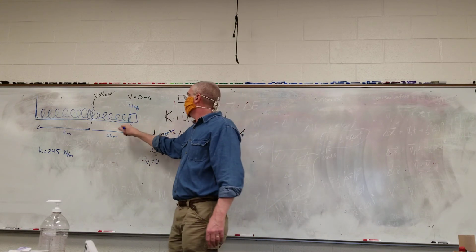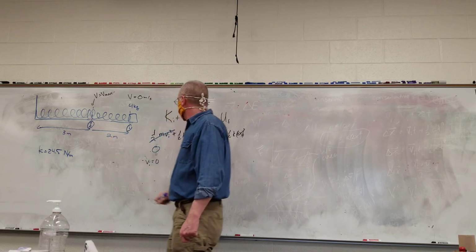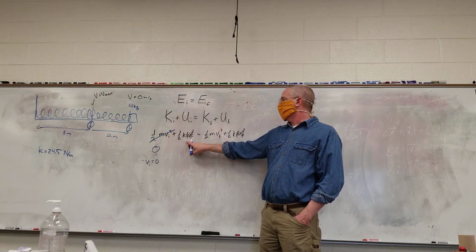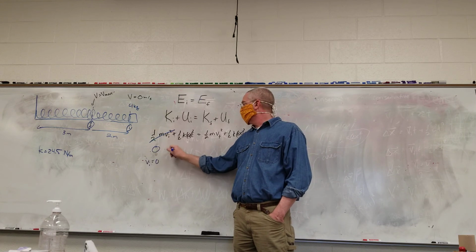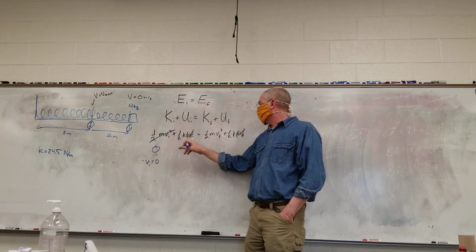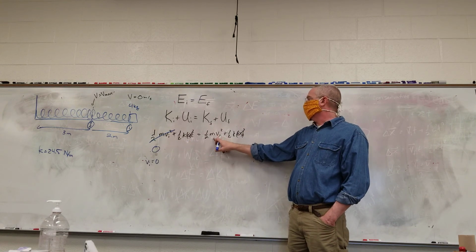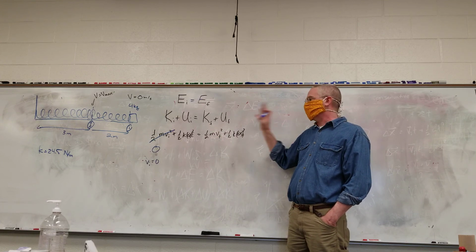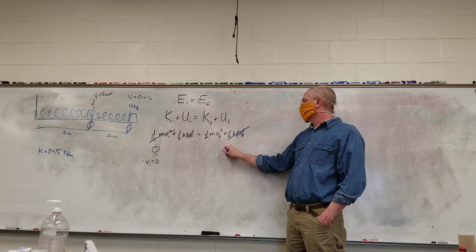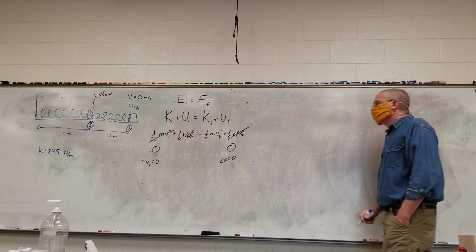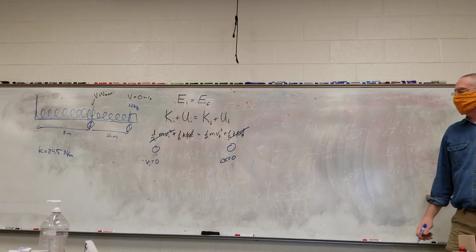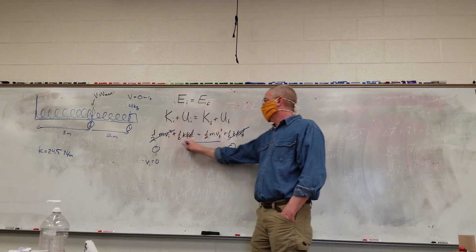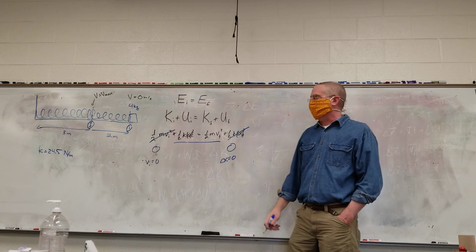This is my initial, this is my final. That is not 0. Here, this is not 0, but this is, because when I pass equilibrium, my displacement is 0. So that's 0 because delta x is 0. So my equation has reduced down to this. If I multiply by 2, my 1/2s go away.